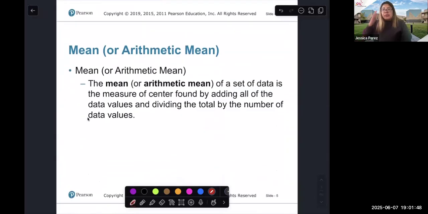The definition of a mean, most of you are familiar with a mean. The mean or the arithmetic mean of data is a measure of center found by adding all the values and dividing by the total number of data values.